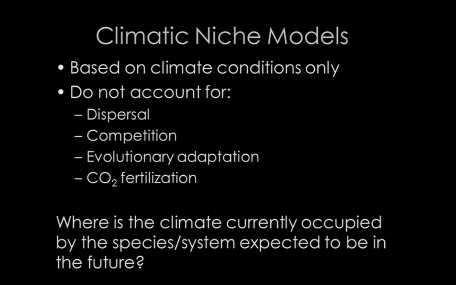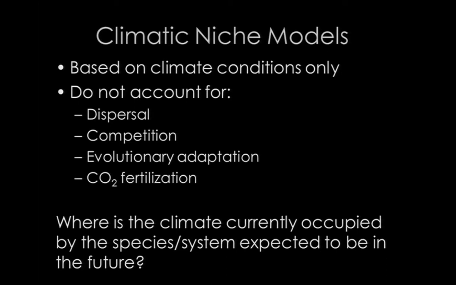So next we looked at the climatic niche models. If you're familiar with climate envelope models, this is another name for that. Essentially, what these models do is they statistically characterize the climate conditions within a species' current range and then use climate projections to identify where those conditions will be in the future.